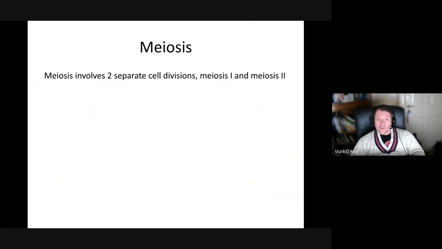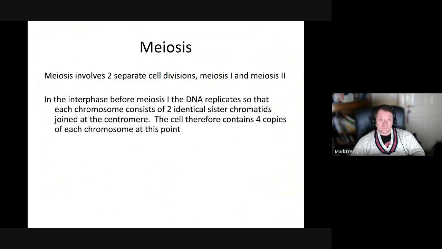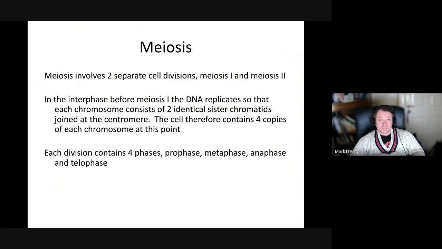It involves 2 separate cell divisions, meiosis 1 and meiosis 2. In the interphase, before meiosis 1, the DNA replicates so that each chromosome consists of 2 identical sister chromatids joined at the centromere. The cell therefore contains 4 copies of each chromosome at this point. Each division contains 4 phases: prophase, metaphase, anaphase, and telophase.